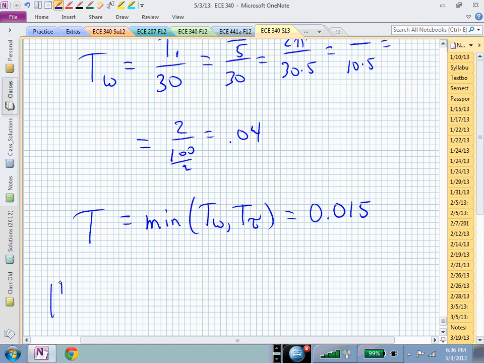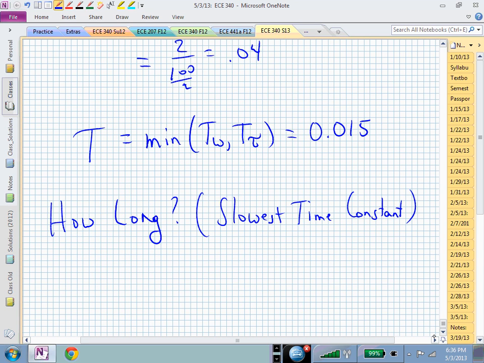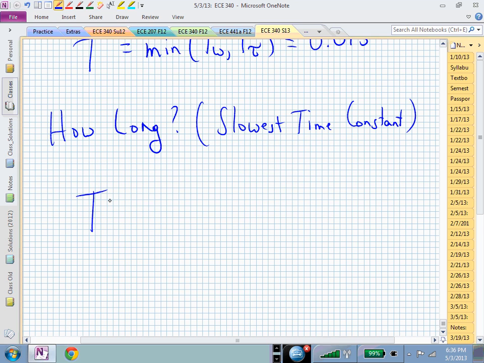How long would I sample? Now I would be interested in the slowest time constant. Maybe I should call that tau. What was my slowest time constant?